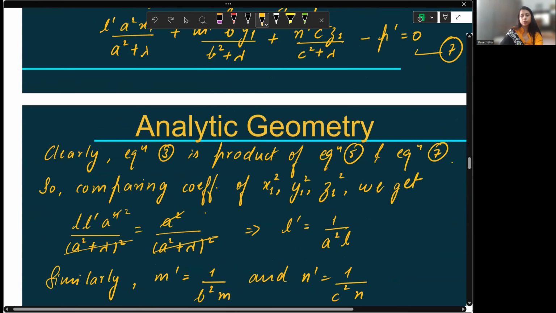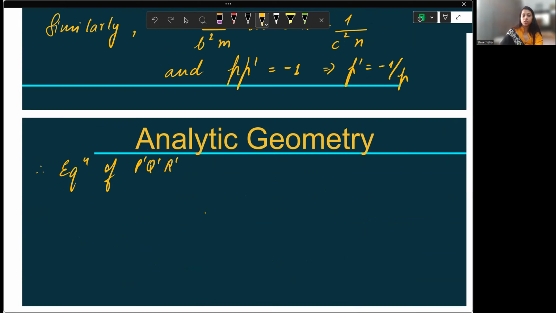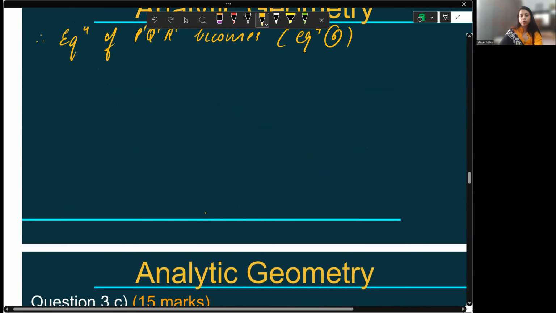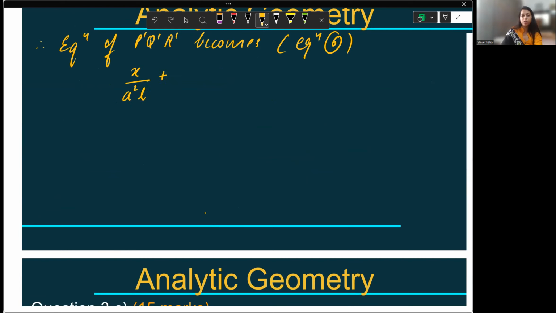So what is this equation? Equation number 6. Therefore, the equation of P dash, Q dash, R dash becomes: the value of L dash is 1 by a square L times x plus y by b square m plus z by c square n plus 1 by p is equal to 0.